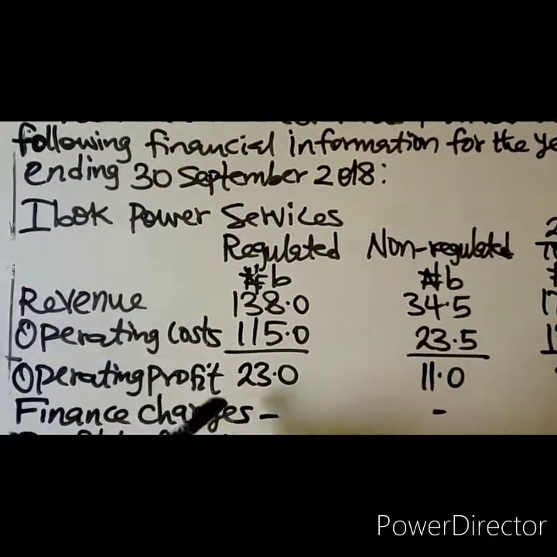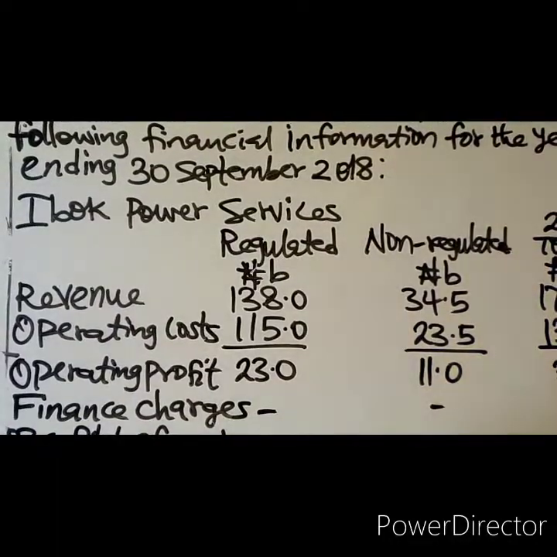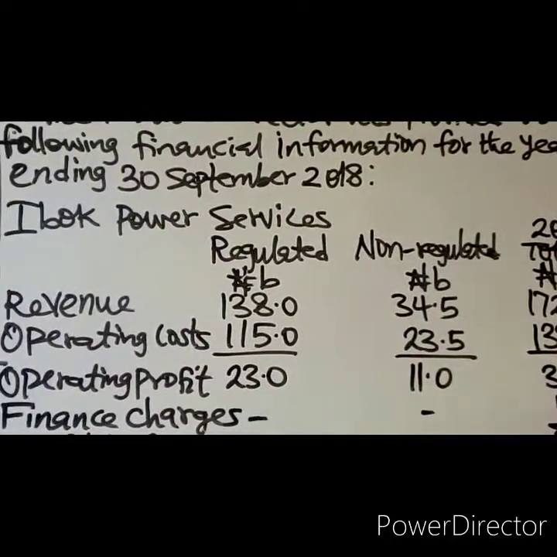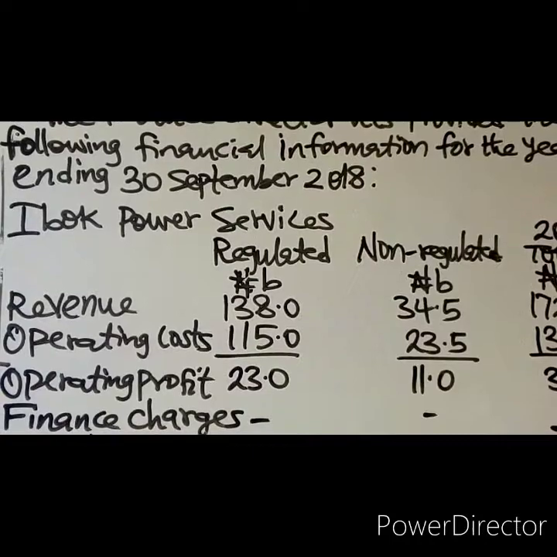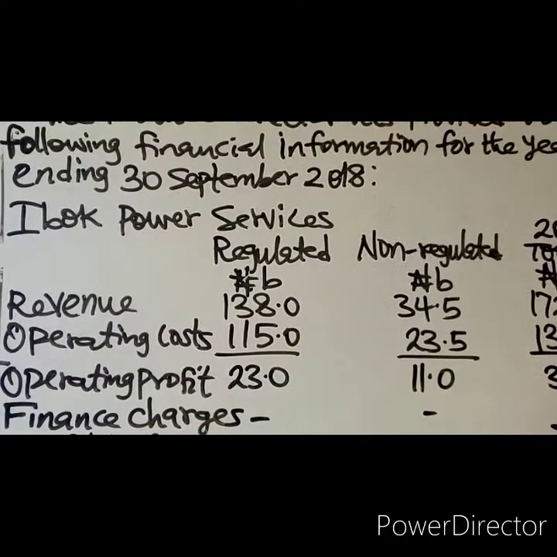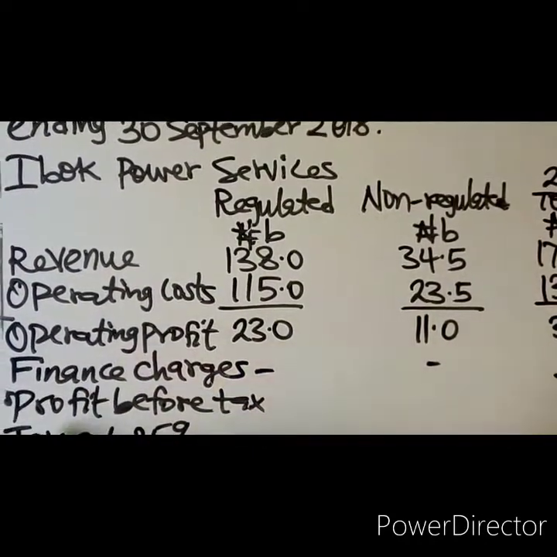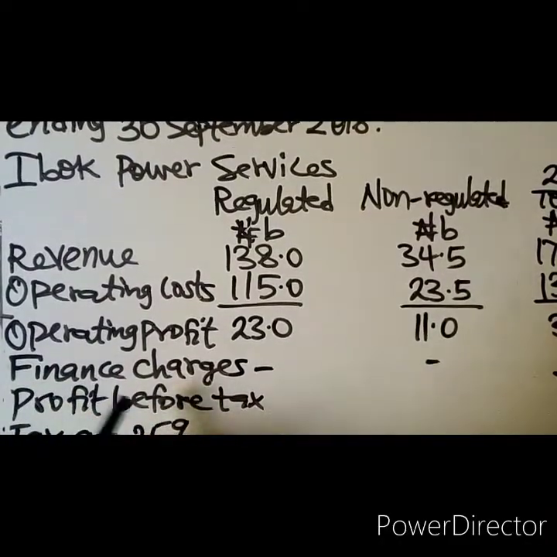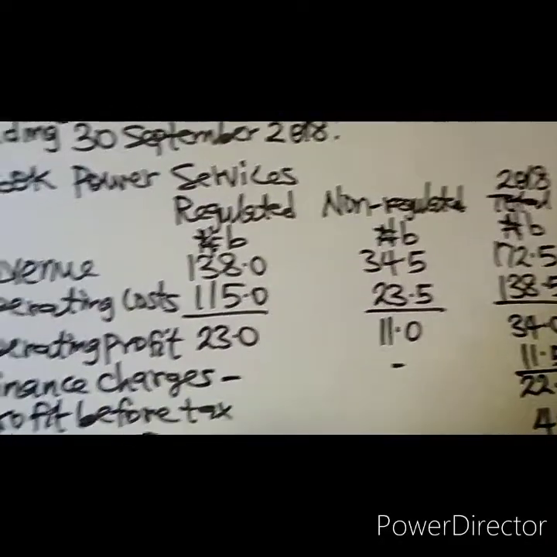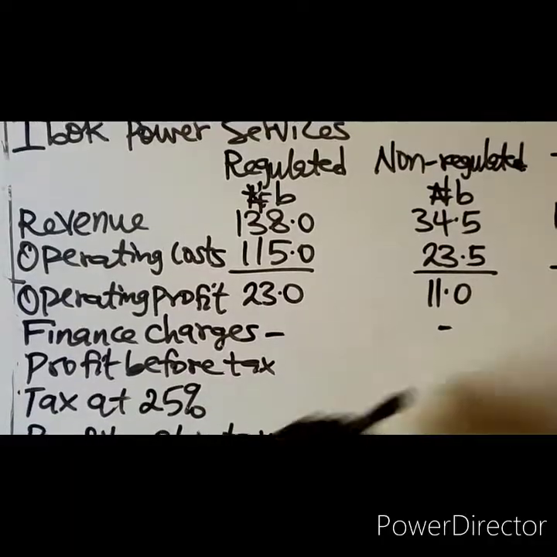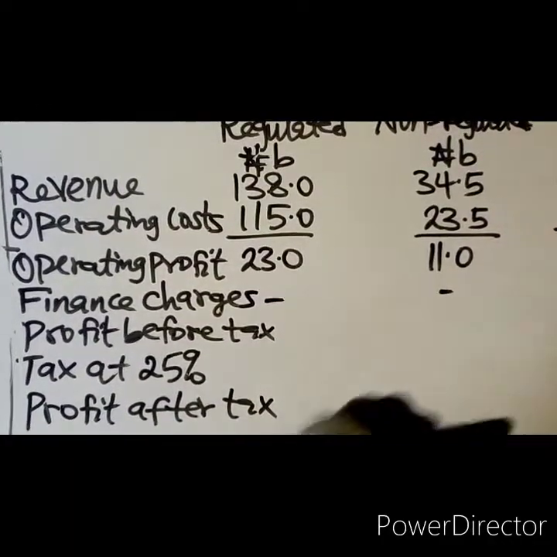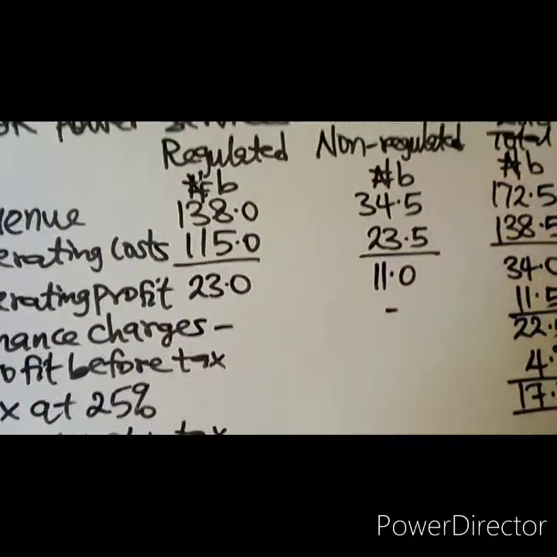We have finance charges. Anytime you hear the word finance charges, it is interest. Anything that has to do with interest, that is what we call finance charges or finance costs. We have profit before tax, and then we have tax at 25%. Then we have profit after tax, which is equally given.